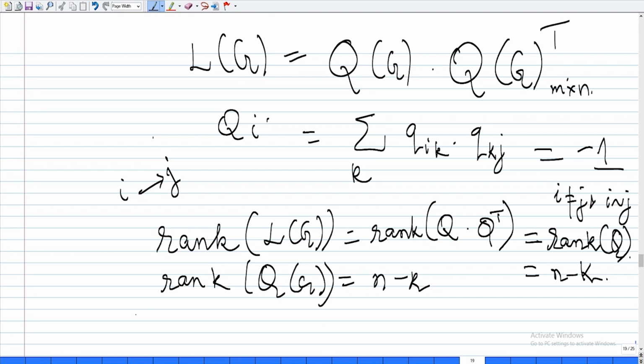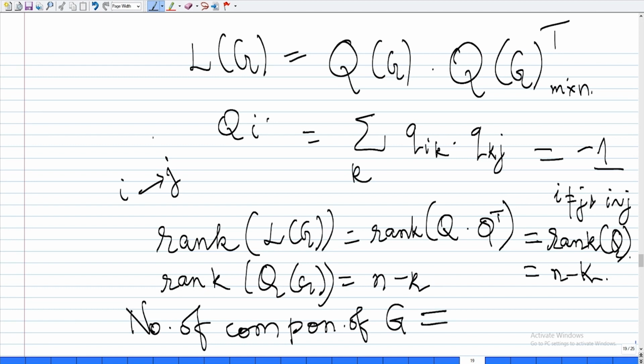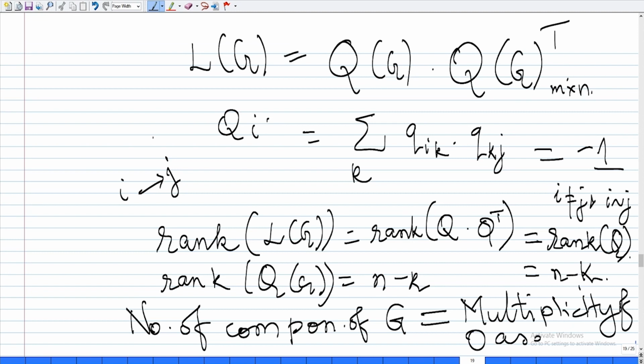This is our conclusion: the number of components of G is equal to the multiplicity of 0 as an eigenvalue. Without doing any other work, just compute the eigenvalues, and you will immediately know whether your graph is connected or not.